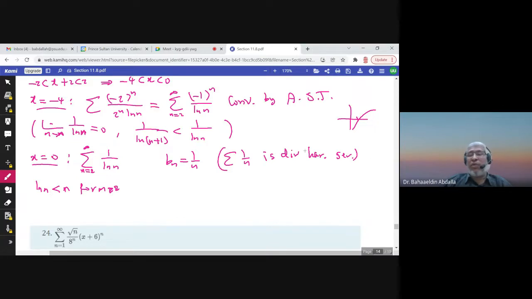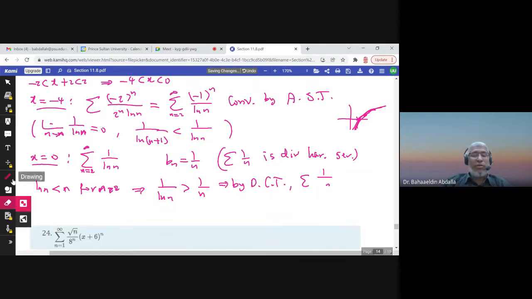You can check that by the calculator, and from the graph, ln goes up but very slowly. So this is a fact. So 1 over ln n would be greater than 1 over n. But then by the direct comparison test, summation 1 over ln n is divergent.